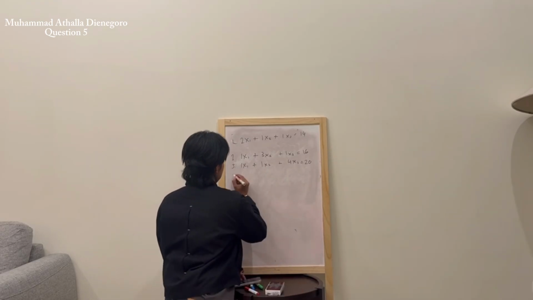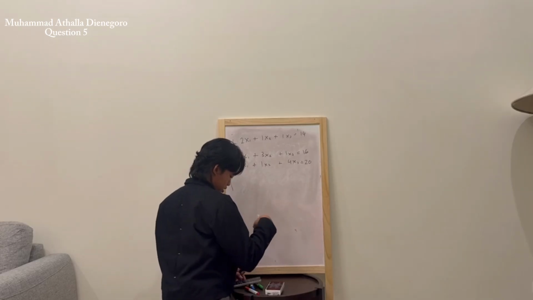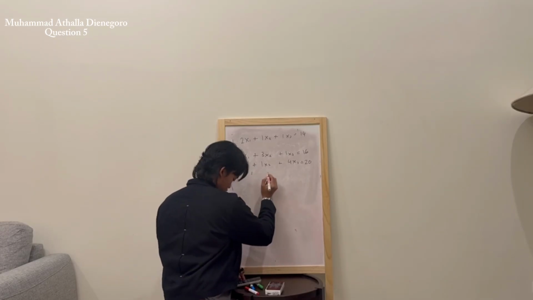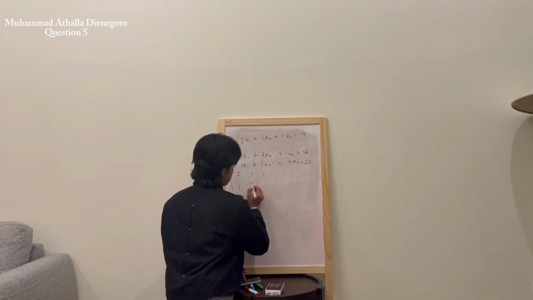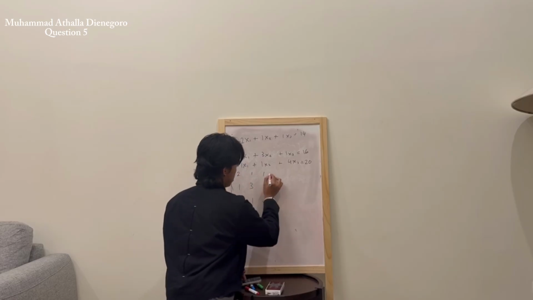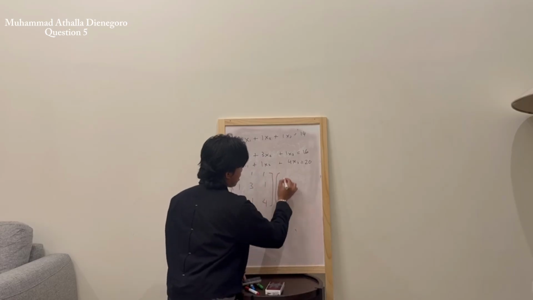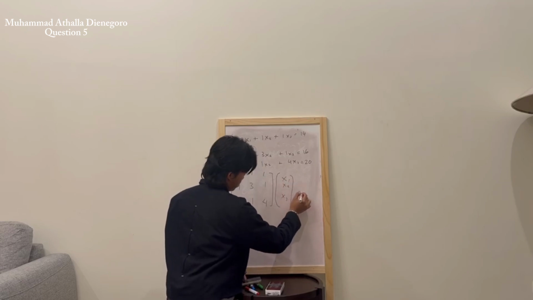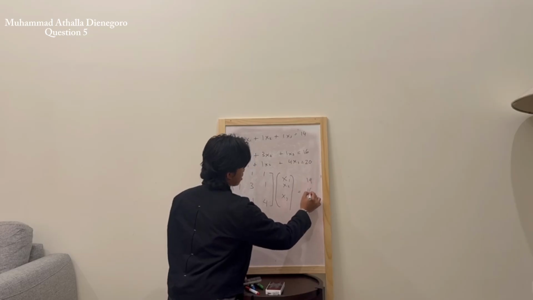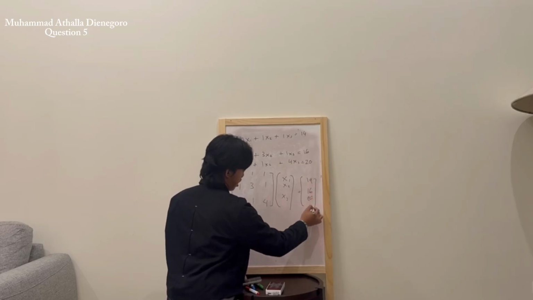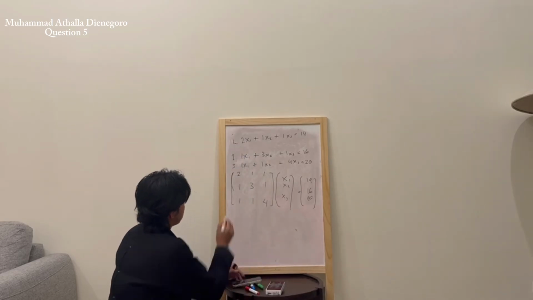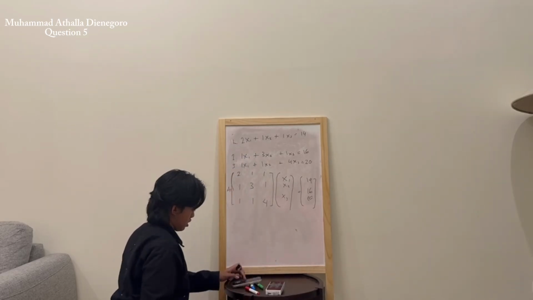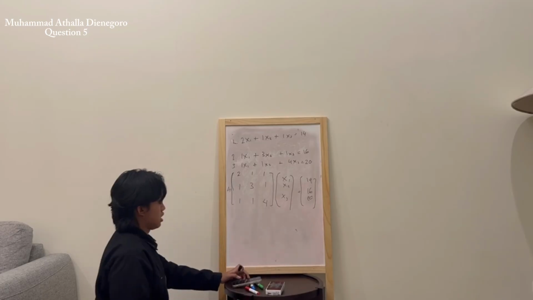First of all, let's write the coefficients like this: 2, 1, 1, 3, 1, 1, 1, 4, times X1, X2, X3 equals 14, 16, 20. So this is A, the coefficient matrix. So calculate the determinant of matrix A.